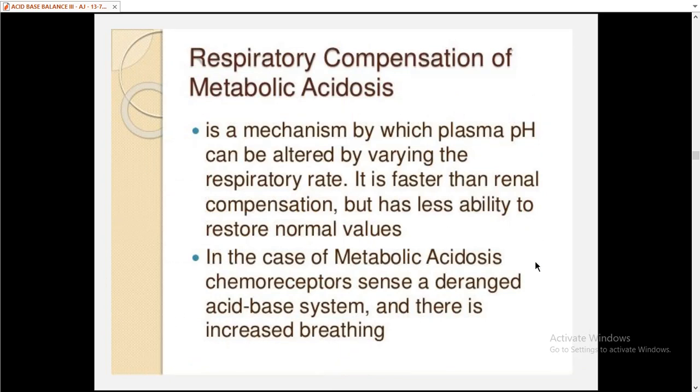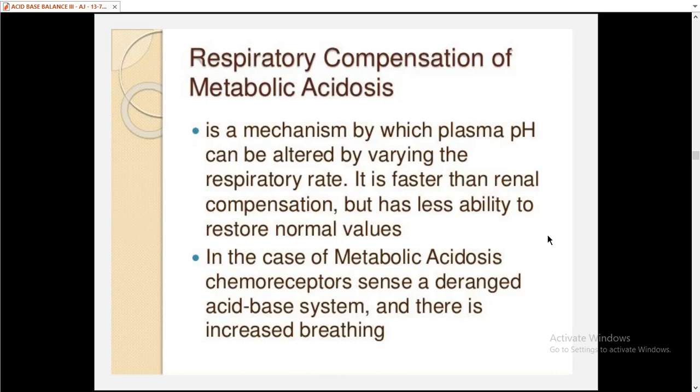Respiratory compensation is the mechanism by which plasma pH can be altered by varying the rate of respiration. It is faster than renal compensation but has less ability to restore the values back to their normal levels. In case of metabolic acidosis, the chemoreceptors sense a deranged acid base system and there is increased breathing.